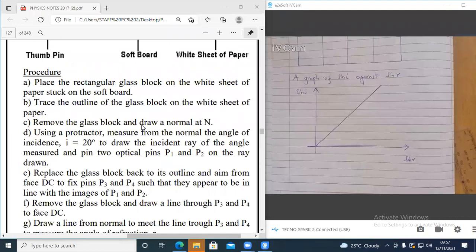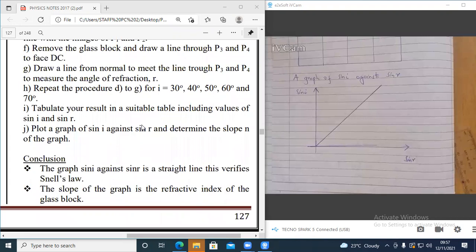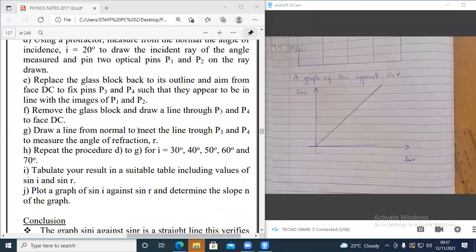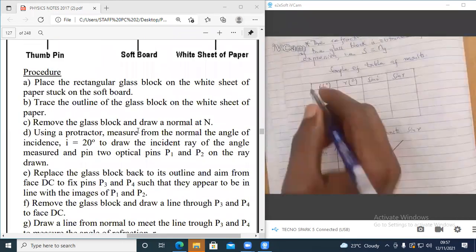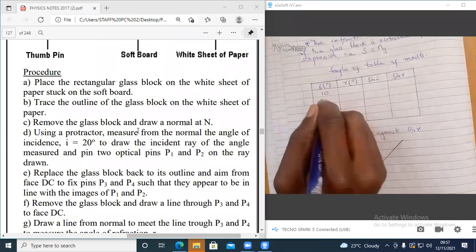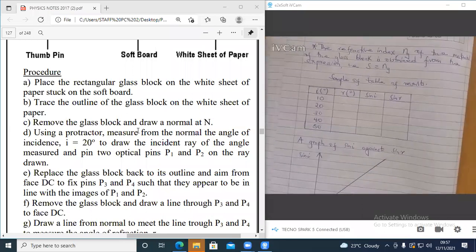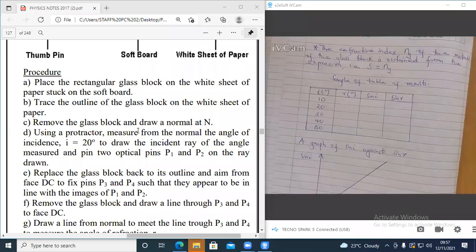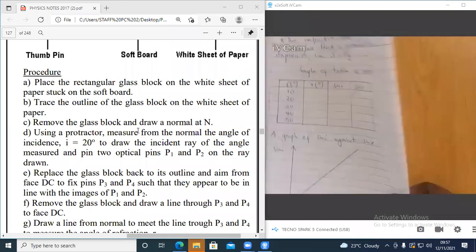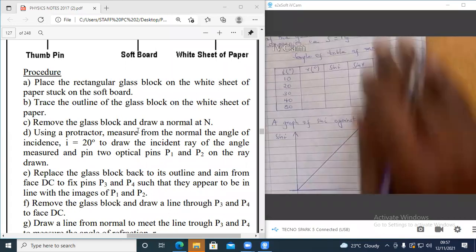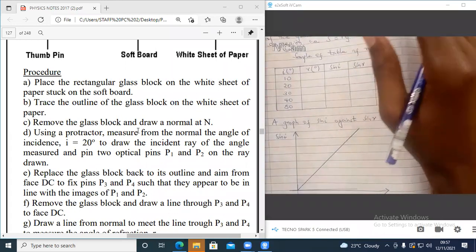So the procedures seem to be long, but if you know the details, it is fine. Let me say maybe we are starting with 10, 20, 30, 40, 50. This is a sample, but I want us to go beyond.